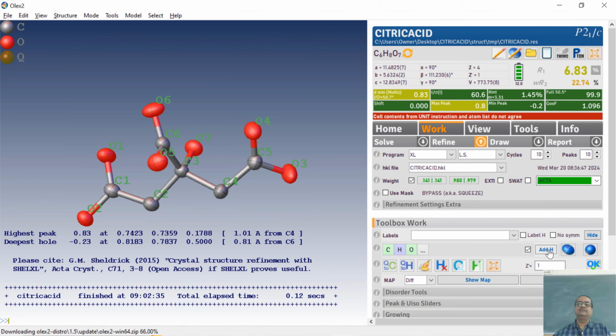Then it will geometrically identify the locations of those hydrogen atoms based on standard bond length and standard bond angle.